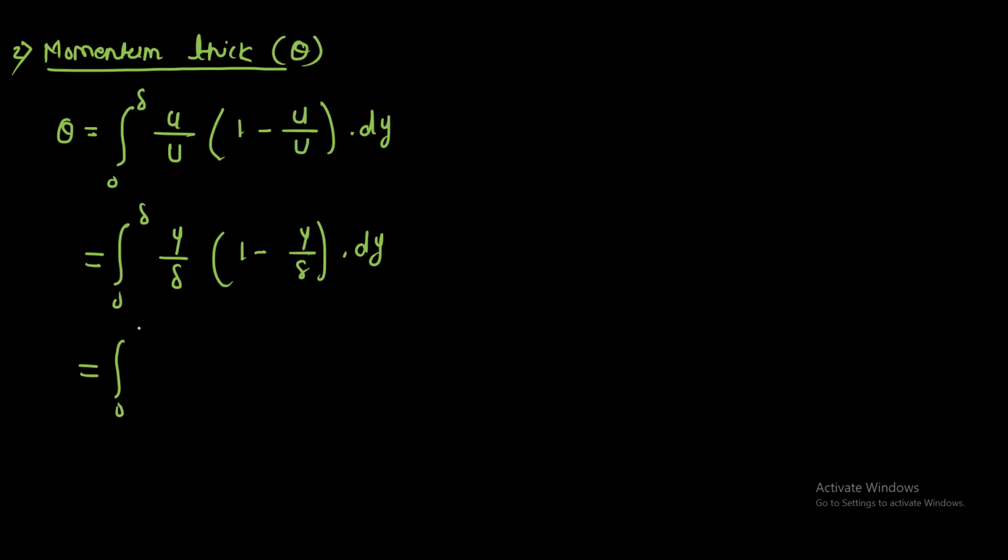So integration 0 to delta, just multiply here: y upon delta into 1, so this is y upon delta minus y upon delta into y upon delta, so this is y square upon delta square, into dy.